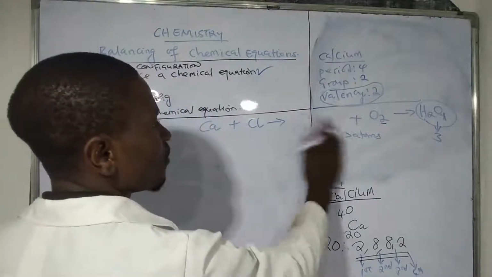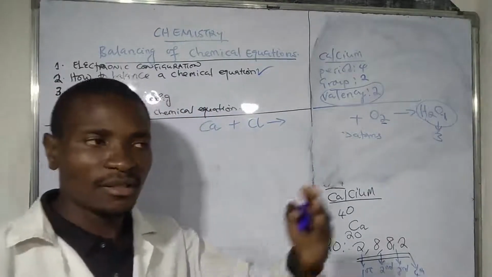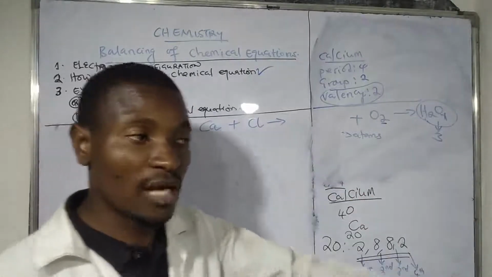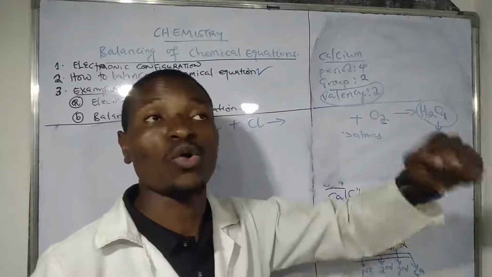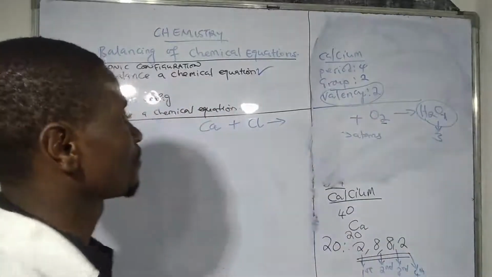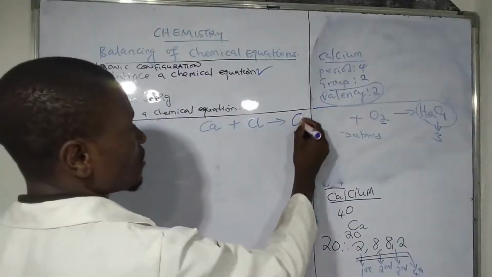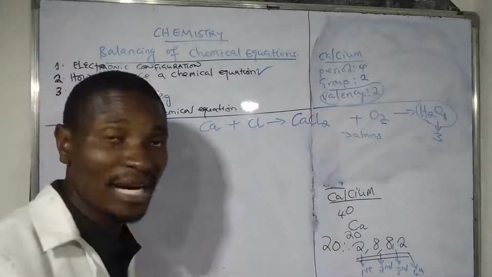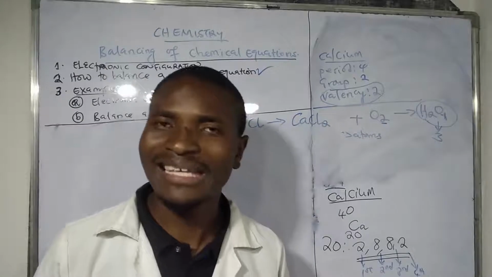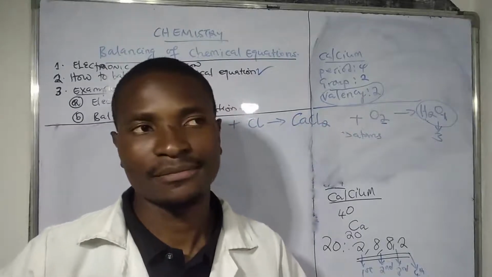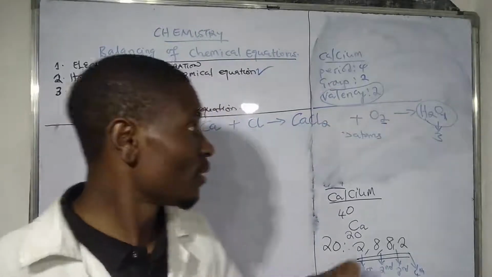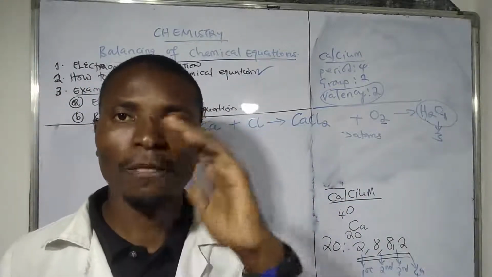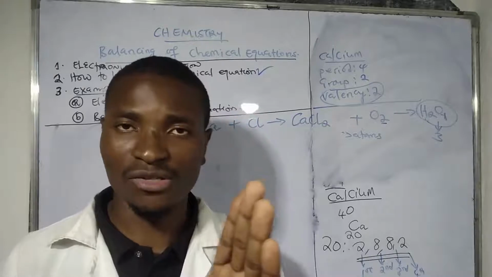When chlorine reacts with an element, it is no longer a chlorine atom, but becomes a chloride. So this is going to be calcium, then Cl2. The 2 is the valence of calcium. Please understand that 2 is the valence of calcium.